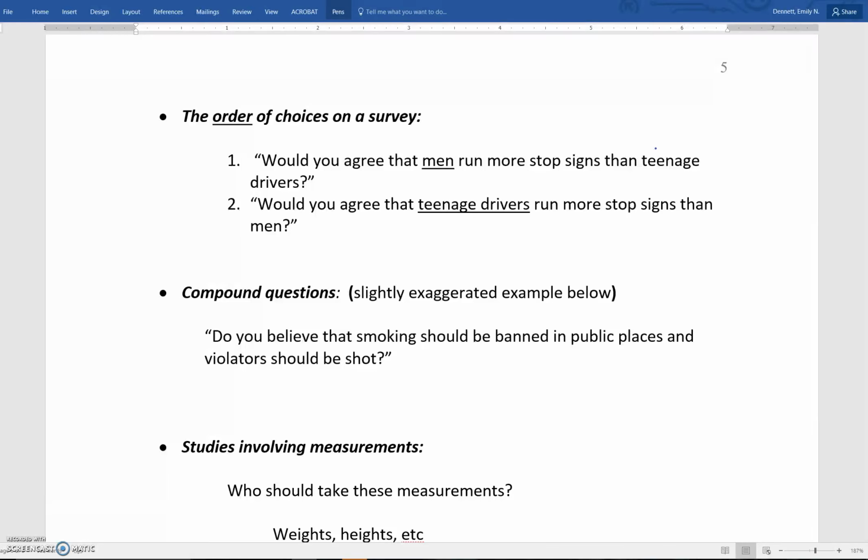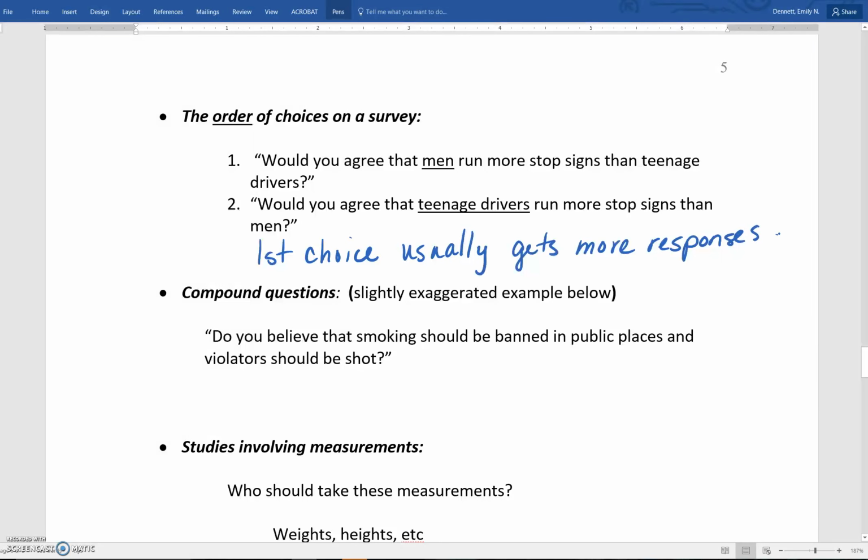So these are really asking the same thing, but people want to agree with something. When someone's asking them a question, it feels more comfortable as a human to agree. So the first choice usually gets more responses if you're asking this way that says, would you agree?